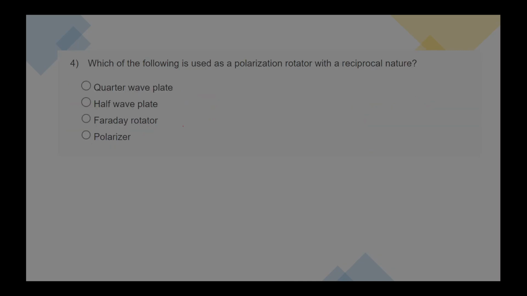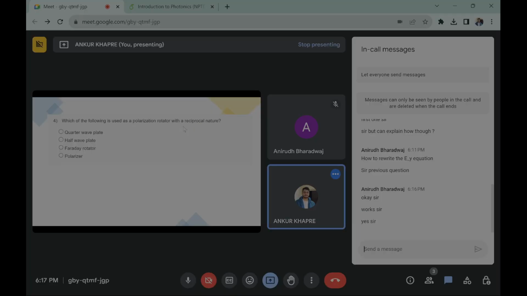So which of the following is used as a polarization rotor with a reciprocal nature? So what do you think here in question number 4? Half wave.